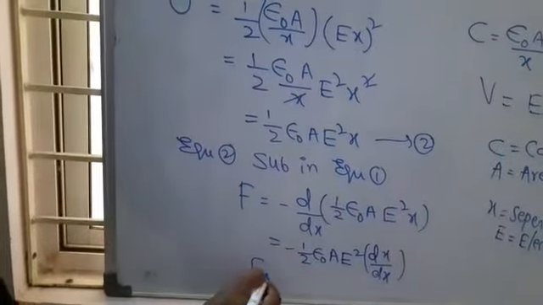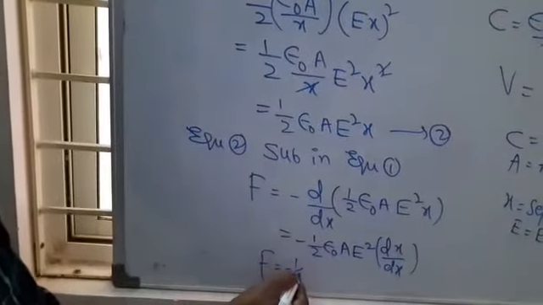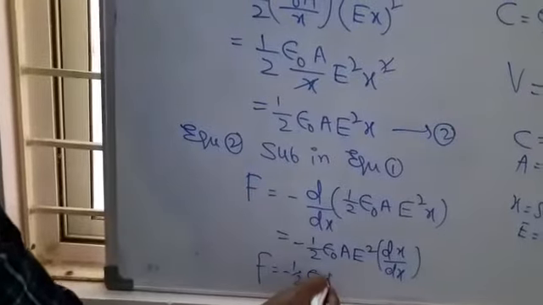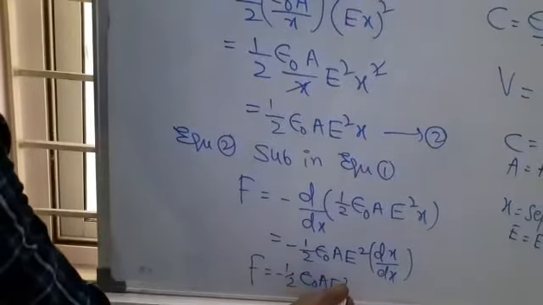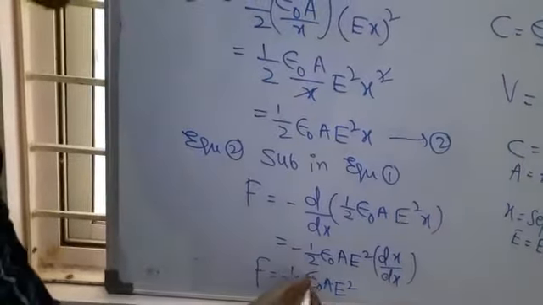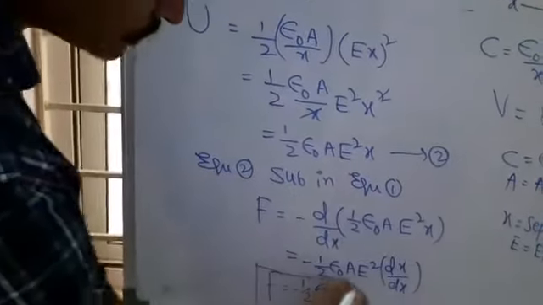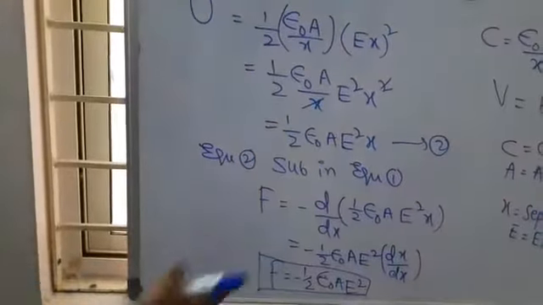So force is equal to minus 1 by 2 into epsilon naught A E square. This is the force between the capacitor plates.